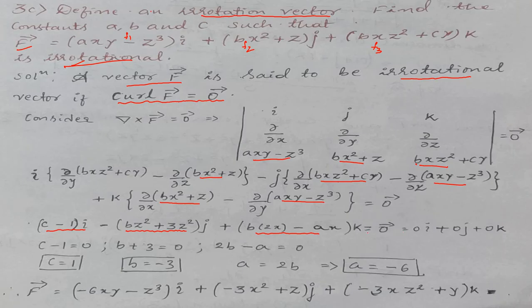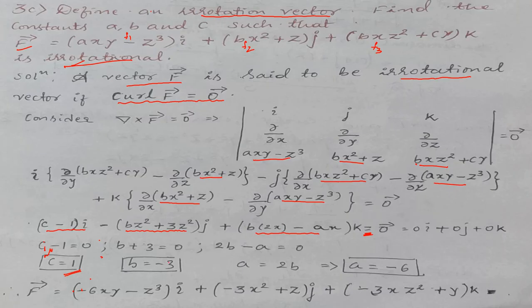As we have the equality, just equate the coefficients of i, j, k. First term: c minus 1 is equal to 0, therefore c equal to 1.